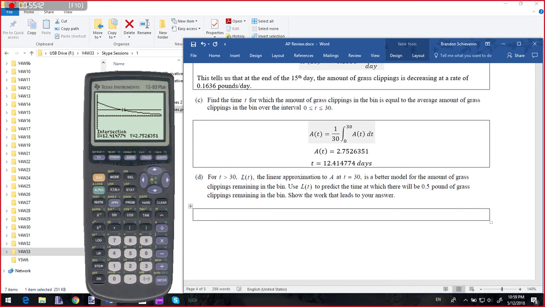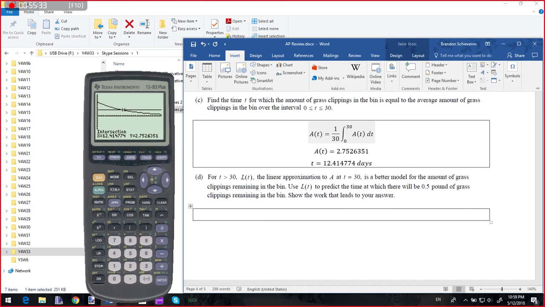Okay, so what we're going to do is find the equation of the line tangent to a at 30, and figure out what the y value would be of that tangent line. That will give us 0.5 pounds of grass clippings remaining in the bin.